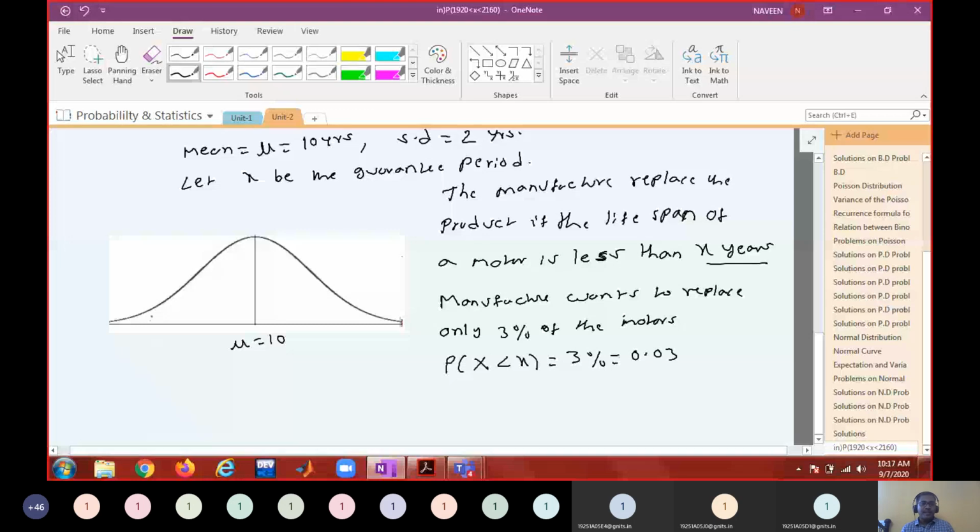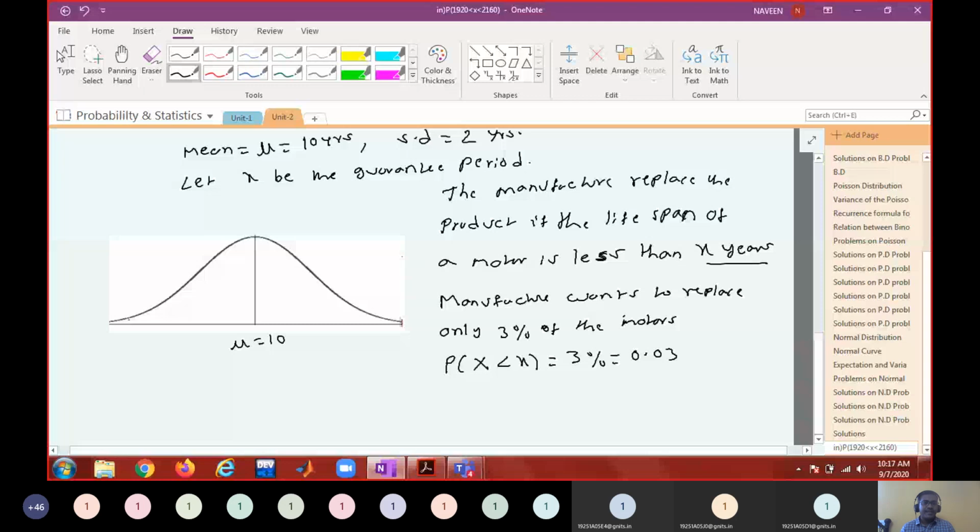So very small percentage here, because up to here it is 50%. Less than 3% means it is starting from the left tail: 0%, 1%, 2%, 3%, 30%, 40%, 50%, 100%. Last class I showed you how the probability increases. So 3% is actually very small, somewhere here.